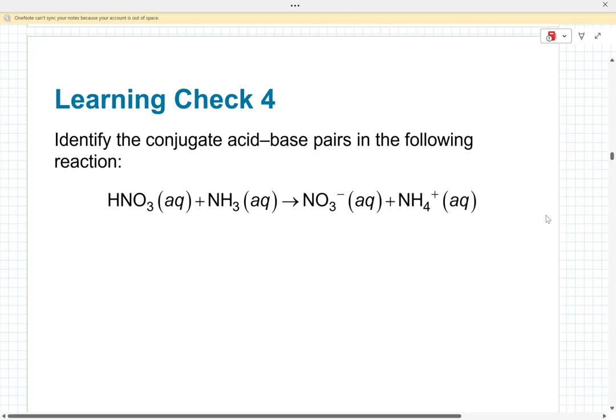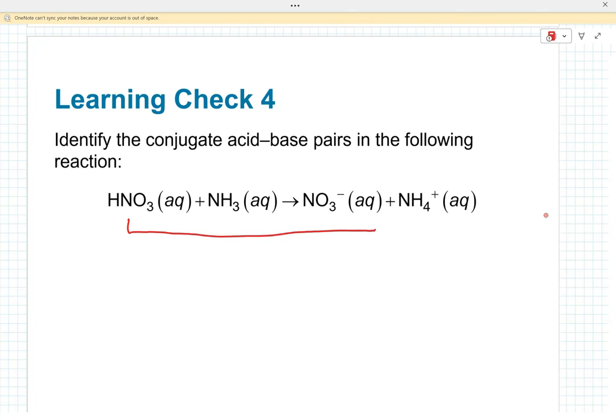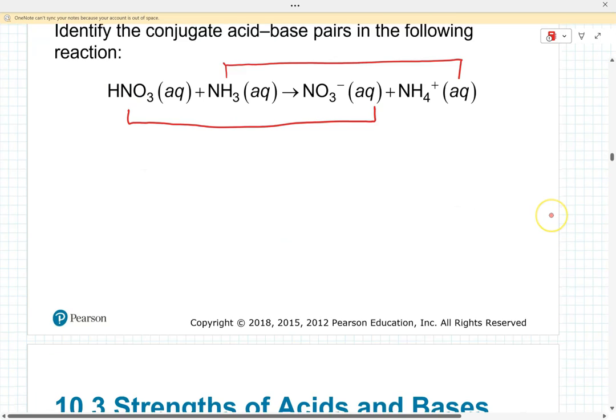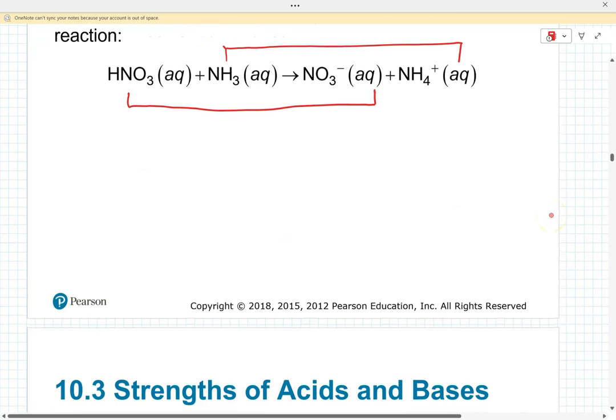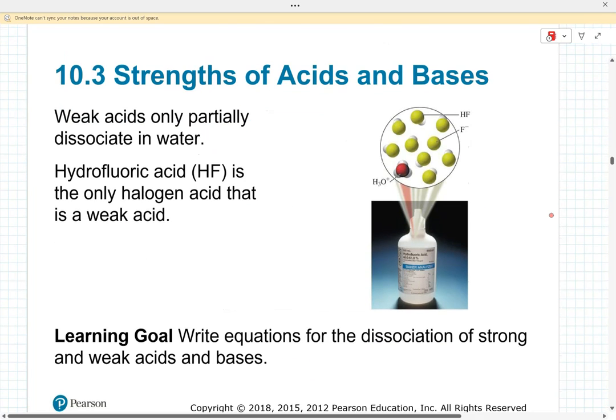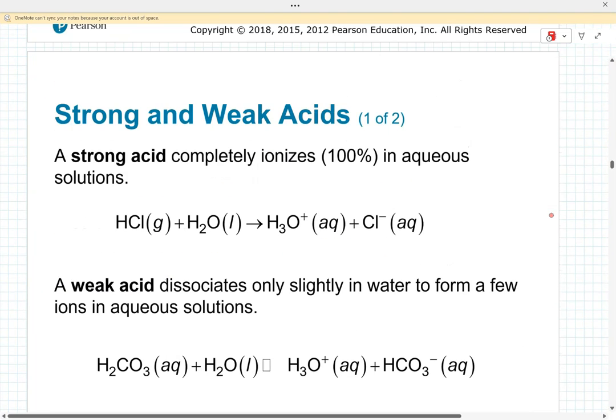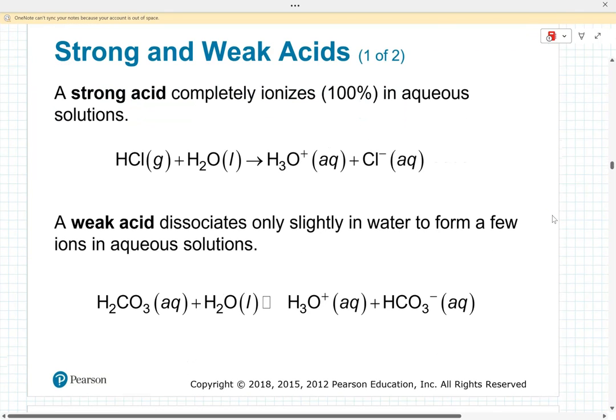What are the pairs? Nitric acid and nitrate, right? And ammonia gas and ammonium cation. Good? So, the difference between the strong and the weak.